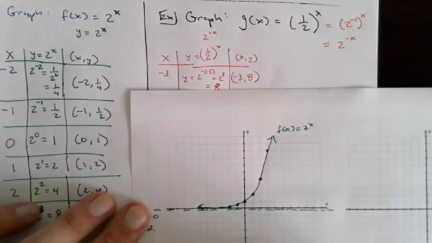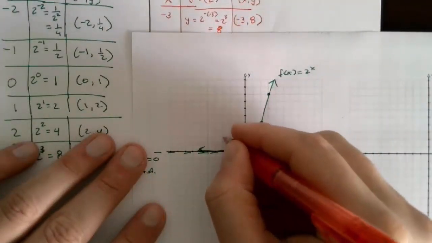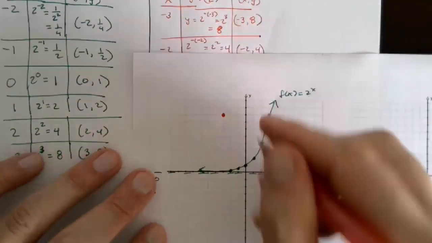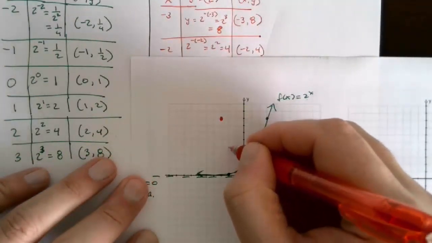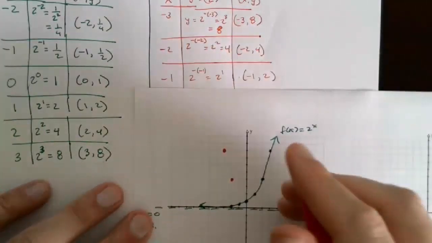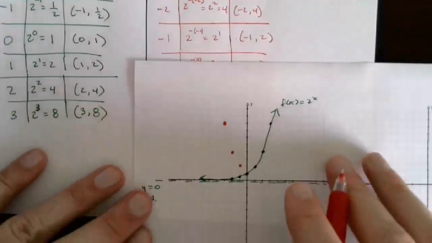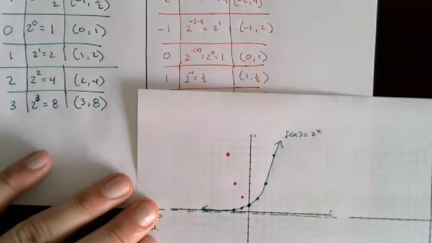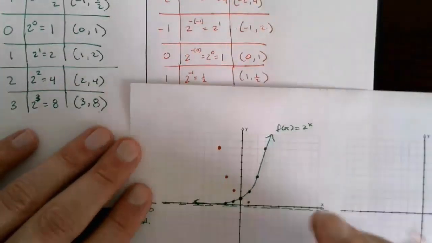The first point we had was -3, 8. So -3, up 1, 2, 3, 4, 5, 6, 7, 8 is right there. -2, 4, so -2, and then up 1, 2, 3, 4. -1, 2, so -1, up 1, 2 would be here. 0, 1 would be right at the y-intercept, and 1, 1/2 would put me halfway in between there.